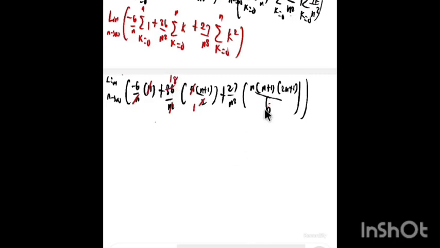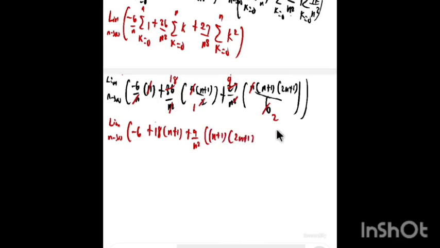What about here? 3 into 6 is 2, 3 into 27 is 9, and we cancel one n right here. So we have the limit as n tends to infinity of negative 6, plus 18 times (n plus 1), then plus 9 over n to the second power times (n plus 1), multiplied by (2n plus 1). Don't forget the over 2 here, so I could bring the 2 here.